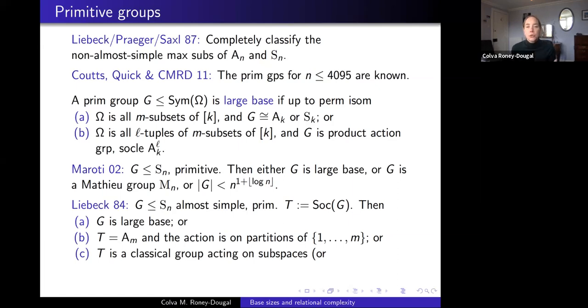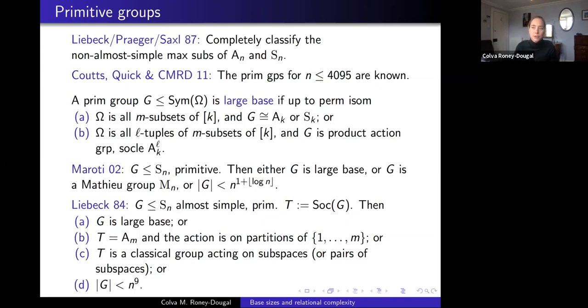Or it's a classical group, and I'll talk a bit more about this on the next slide, but each classical group has a natural vector space it wants to act on, and so we're acting on subspaces or just possibly pairs of subspaces. Or, so we're going to make a more precise statement so we have more options, sadly. Or, here's the final one, it's really small.